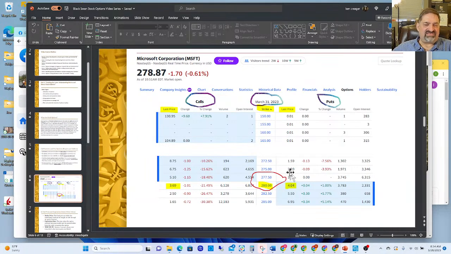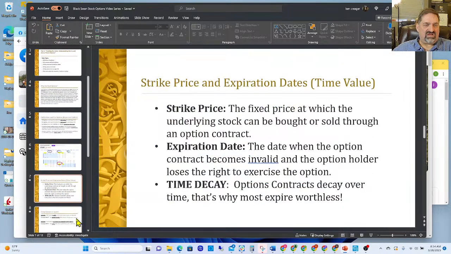It's $2.20 per share to protect your $75 gain. And if you bought that option today and tomorrow earnings came out and this stock went down to $225, you would have the right to sell it for $275. So that's one way you can hedge. We'll talk about that in another video.